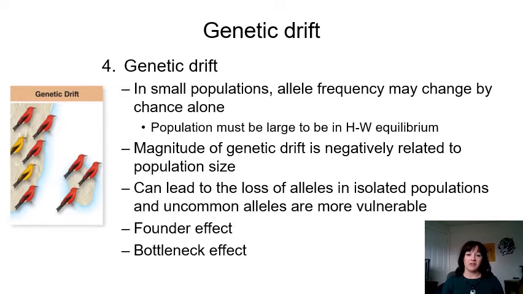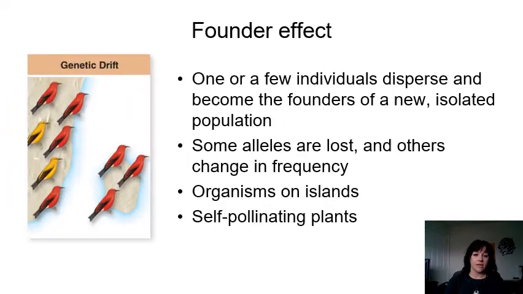Genetic drift can be split into two types called the founder effect and the bottleneck effect. In that picture, what I demonstrated was an example of the founder effect. Only a few individuals disperse and become the founders of a new isolated population. Let's talk about humans.